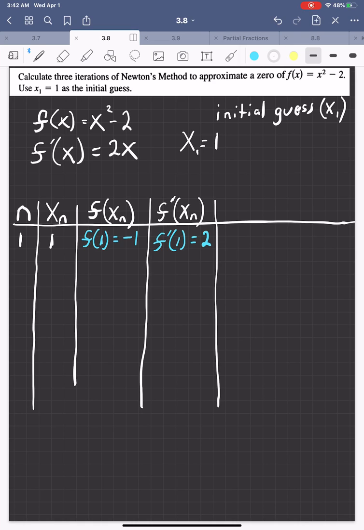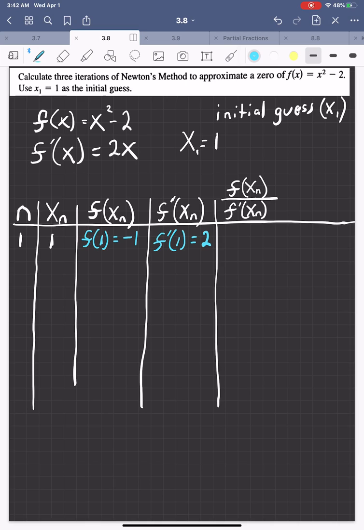All right, so the next column is going to be to find the quotient of these two. So it's going to be f of x sub n divided by f prime of x sub n.